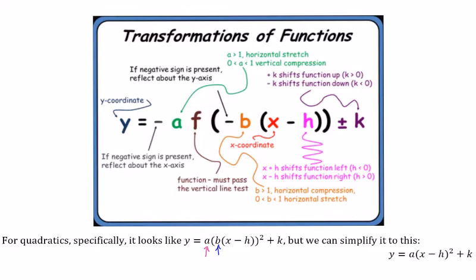All right. And then H moves it left or right, and it's opposite. So when it's minus H like that, it'll actually move it to the right. When it's plus H, it'll move it to the left. And then K moves it up or down, right? That's a vertical translation lever, so it moves it up and down.